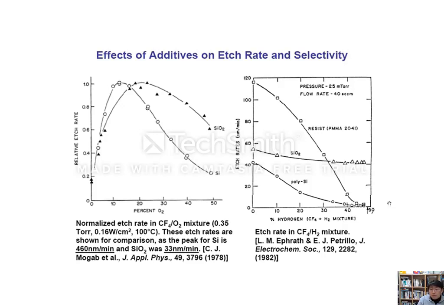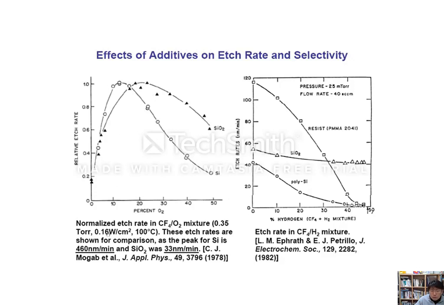additives, there is a change in etch rate and selectivity. For a silicon substrate or silicon dioxide, depending on the percentage of oxygen, the etch rate goes up and down, right? It seems there is an ideal percentage of oxygen for etching.